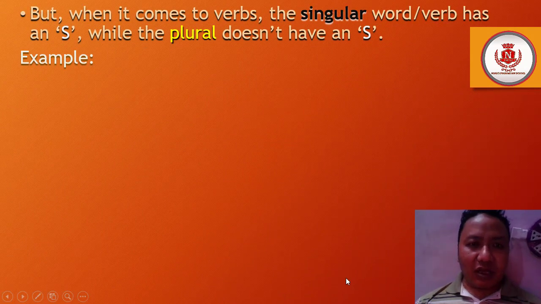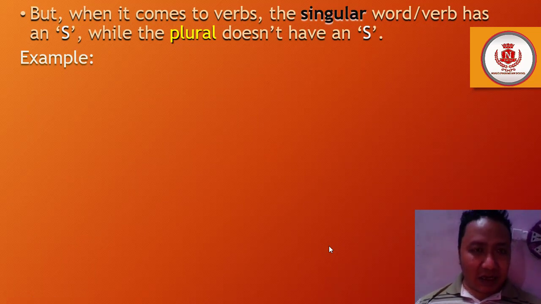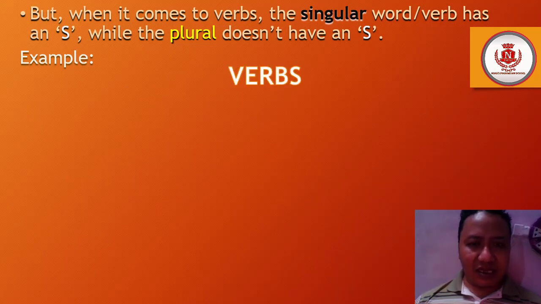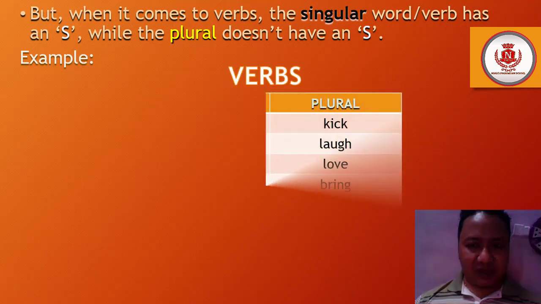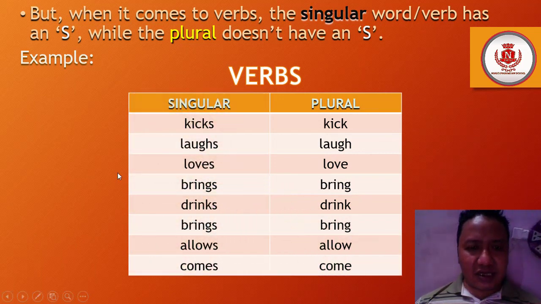But when it comes to verbs, the singular word or verb has an s, while the plural doesn't have an s. Alright, for example, let's see verbs here. See, the singular here has an s instead.